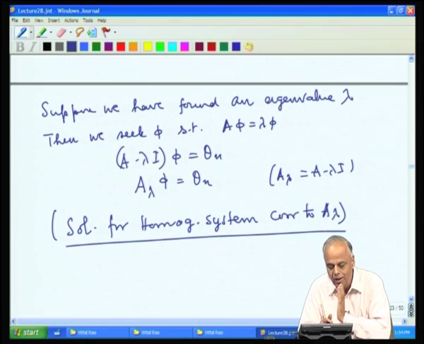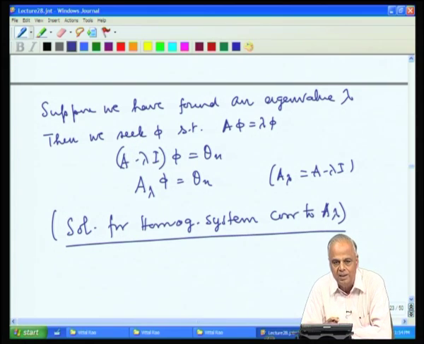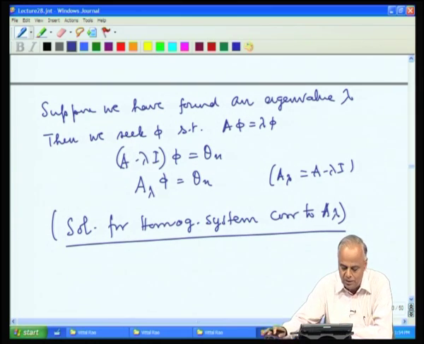We have seen how to treat homogeneous systems. So, if we know an eigenvalue, there seems to be some hope of finding an eigenvector for it. There is hope for us to find at least the phi's in some sense the moment we know the eigenvalue, because we have to solve a homogeneous system.